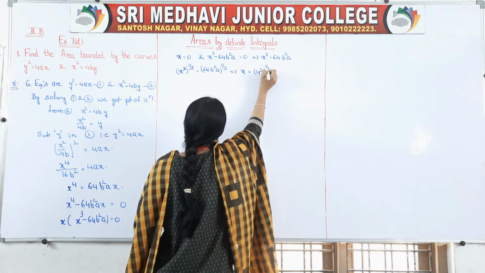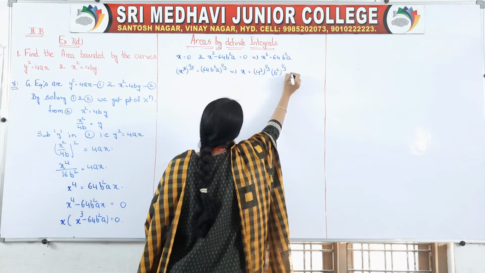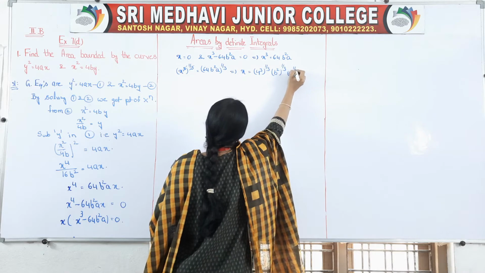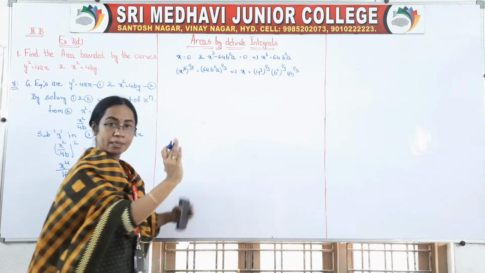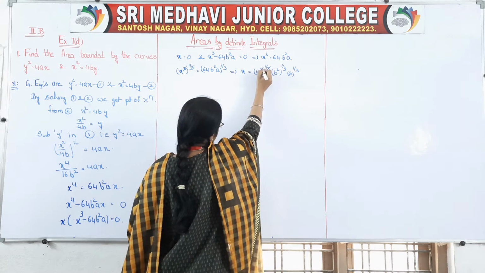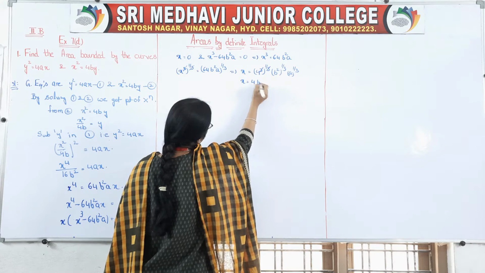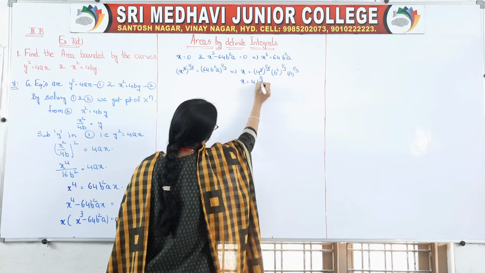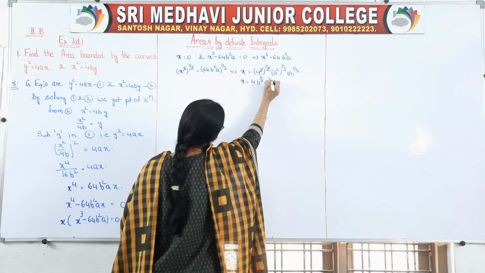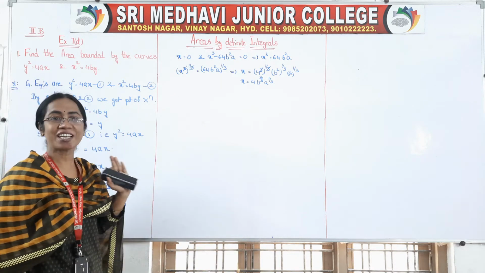To the power of 1 by 3, b square to the power of 1 by 3, a to the power of 1 by 3, taking power separately for each and every term. So here 3 cancel. So x is equal to 4 into b to the power of 2 by 3 a to the power of 1 by 3. Okay. So you got your x values.